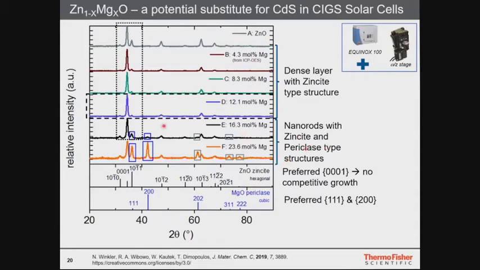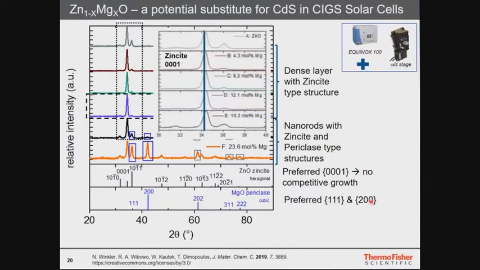So the first patterns are a zincite type structure, and then we get a periclase type structure. What we can also see is that we have preferred orientation of the zincite structure type of 0001, and no competitive growth, so it's only this preferred orientation. And the periclase type structure has another preferred orientation.